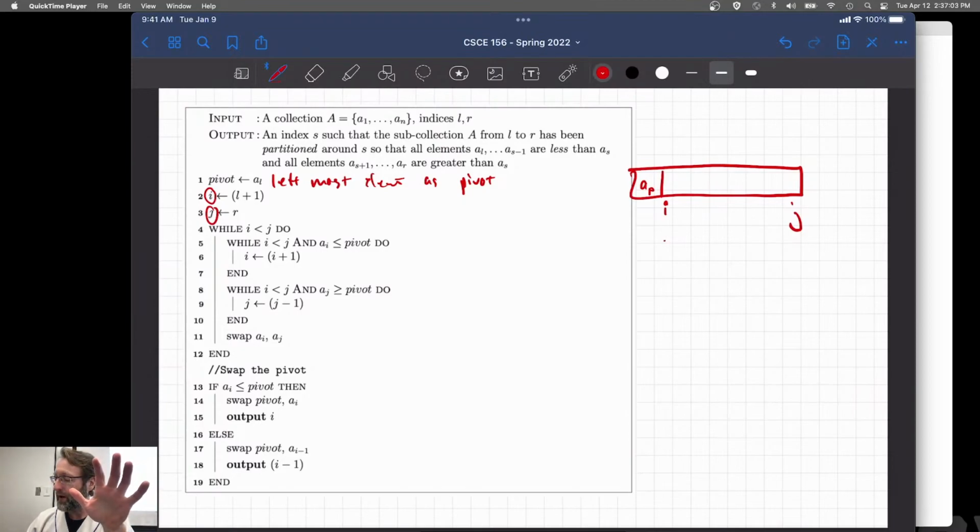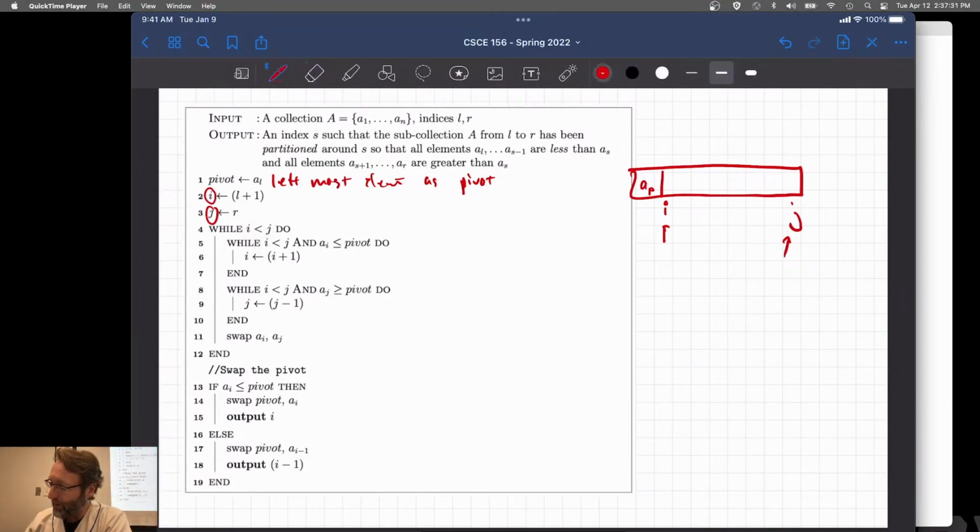And I'm going to start I and J at both of these ends here. Okay? Now, while I is less than J, in other words, while I is still over here and J is over here. When they meet in the middle, then I'm done partitioning. It could be that these things belong over here, and these things belong over here. But when I get to two things that are on the wrong side of each other, I'm going to swap those. That's what these inner loops do.